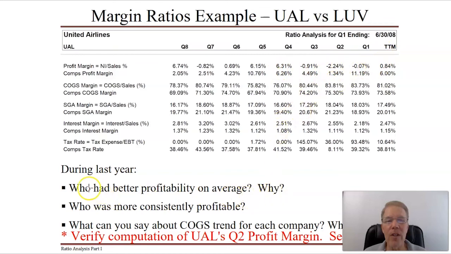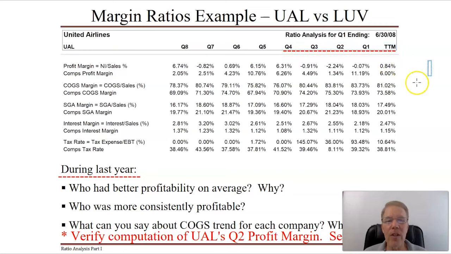And let's answer these questions. Remember, the first row for each ratio is always going to be UAL, and the second one is always going to be Southwest. All these questions are going to be for the last year. So that means that we're focused on this area.